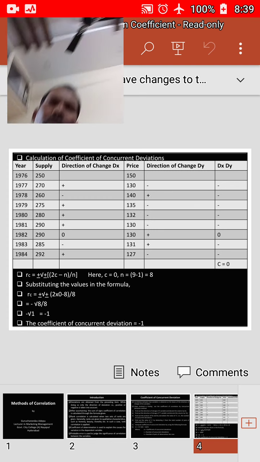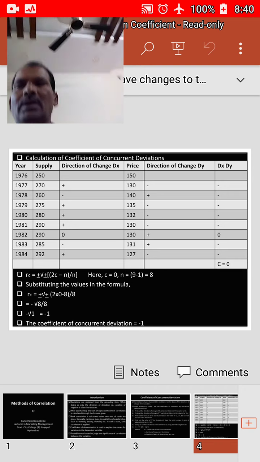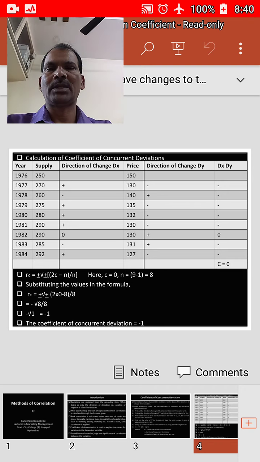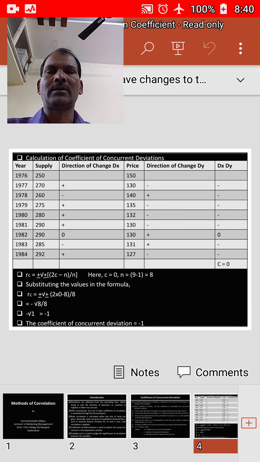With this we need to find out the direction of change. In 1976 the supply is 250. We don't know the preceding year's value, hence we leave it. We don't put any sign, because we are not in a position to compare. In the year 1977 you have 270 units of supply.